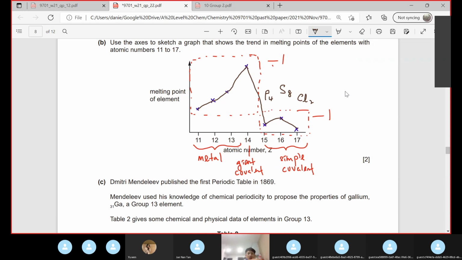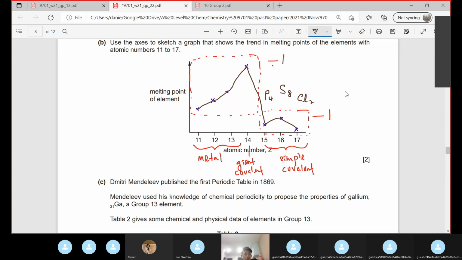In terms of the number of electrons per molecule, the sulfur S8 molecule has the greatest number of electrons among these three. That's why it has the highest melting point among these three. So you are required to know this part.